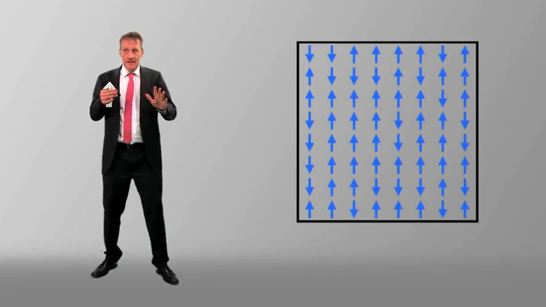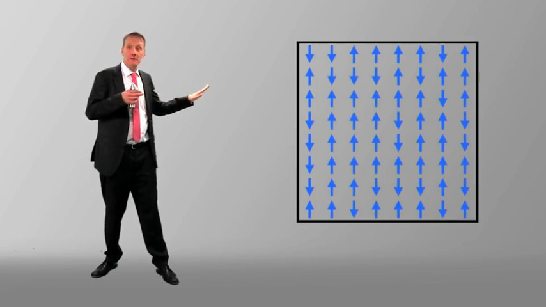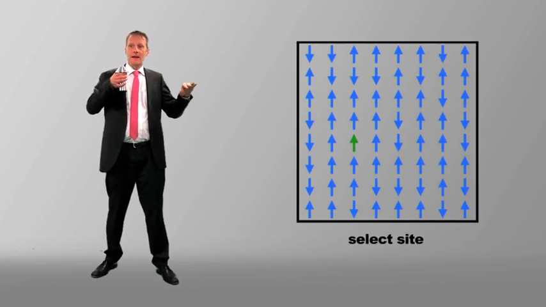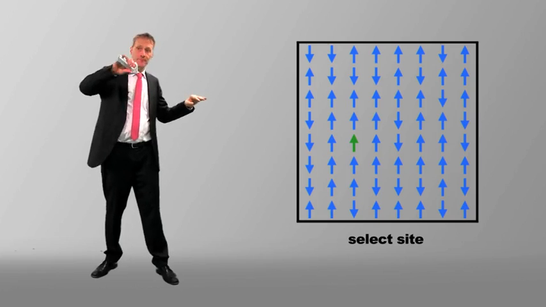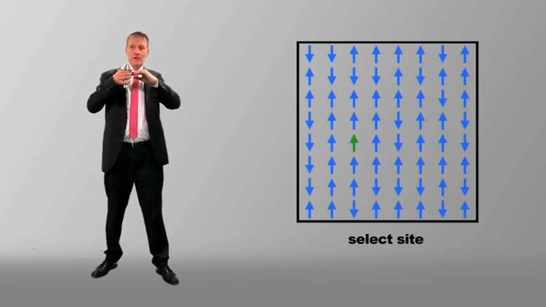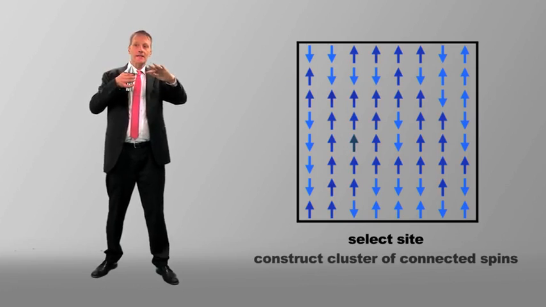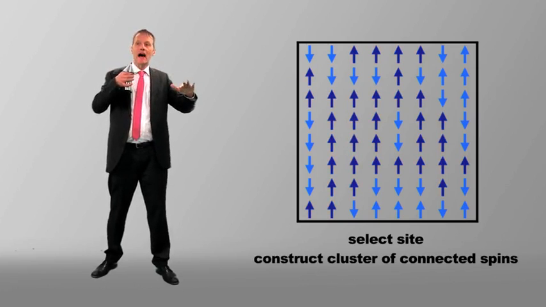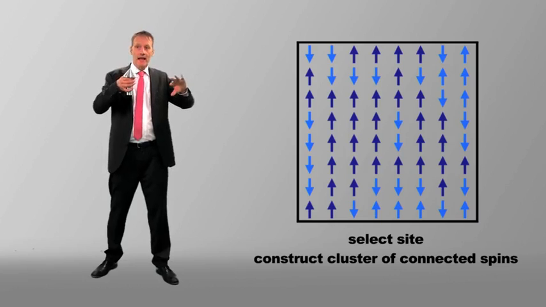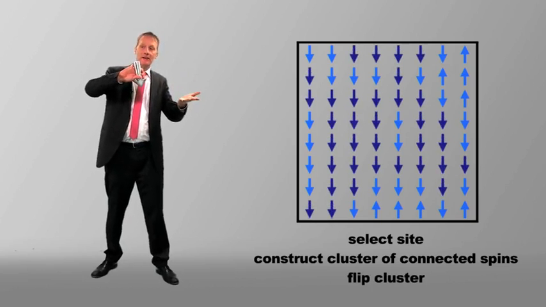Suppose that, starting from a random initial site, rather than flipping the spin on that site, we attempted to construct a cluster of connected up spins and flip them.